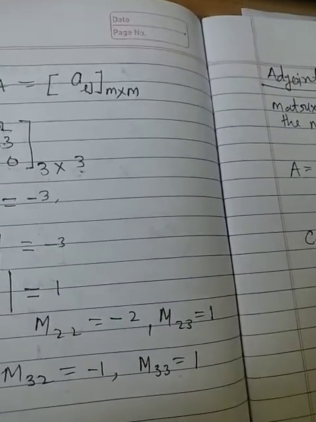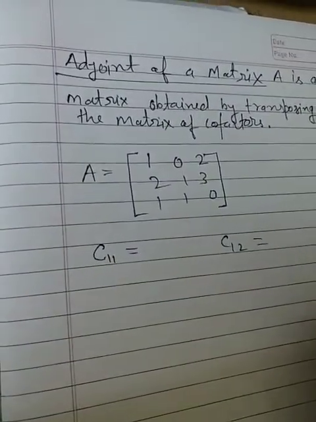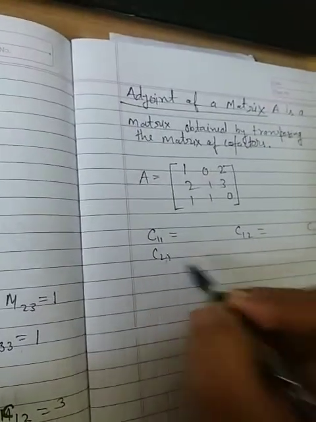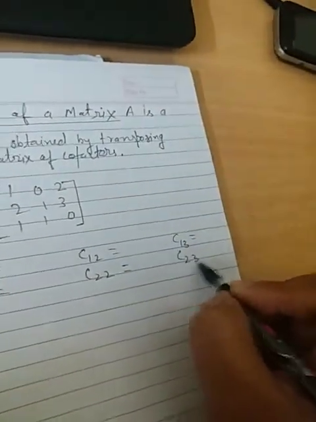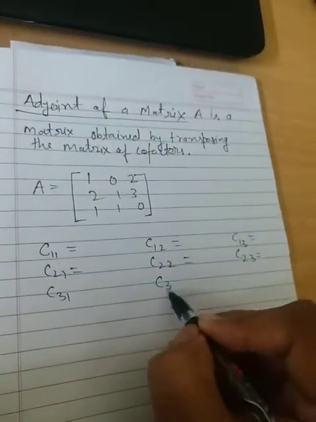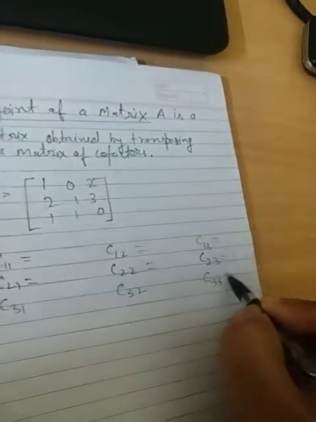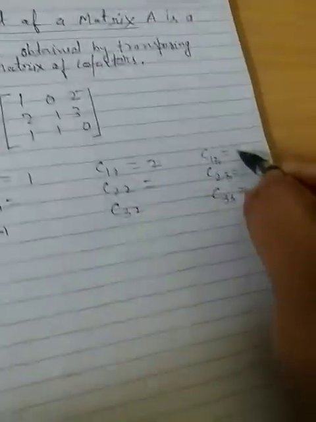Let us write this: C11, C12, C13, C21, C22 and C23, and C31, C32, C33. Let us see the values here.